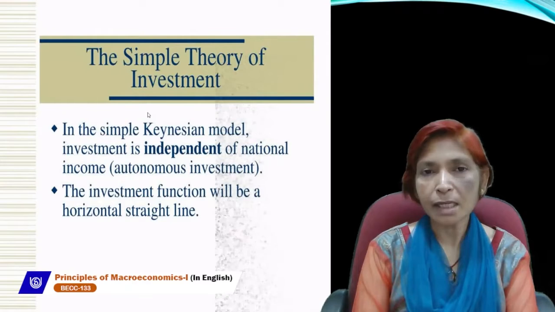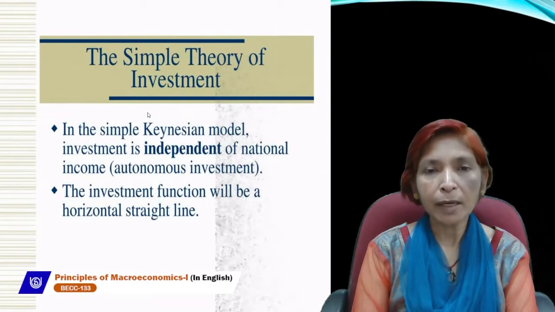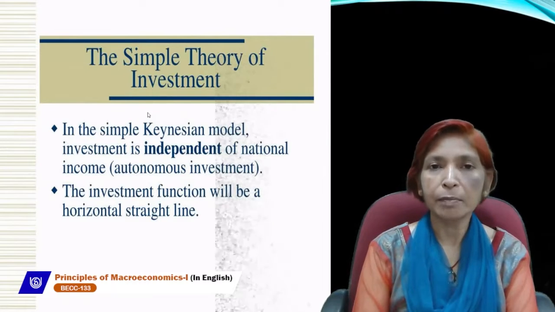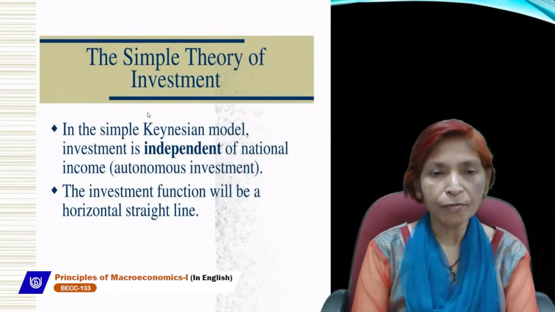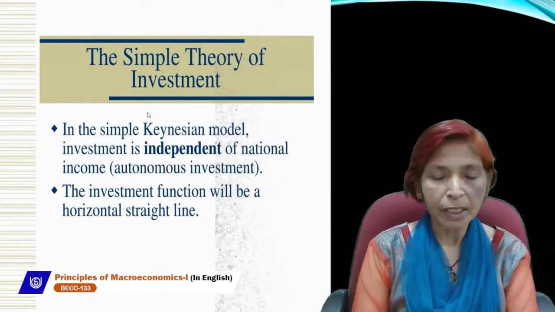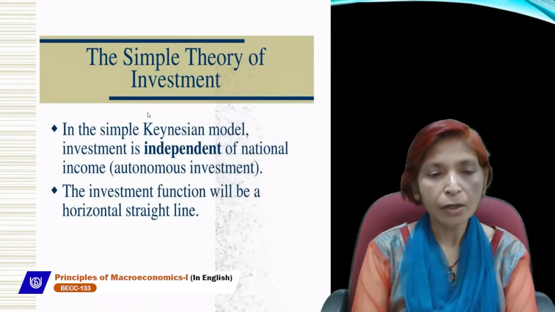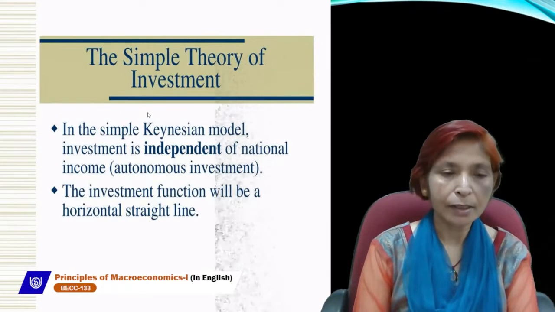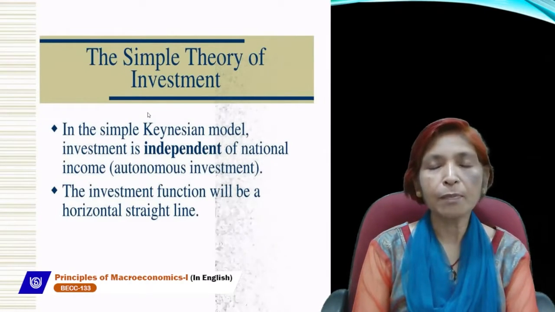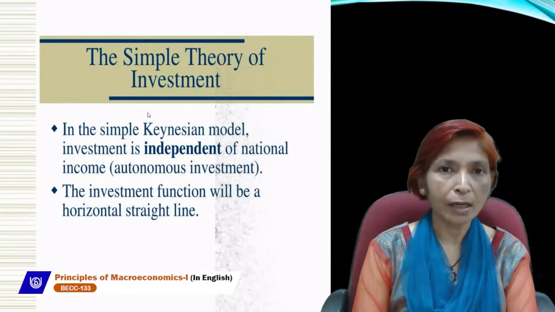Autonomous investment is that investment which is made by government or public enterprises for the benefit of the whole society. Its main aim is to provide social welfare, not to earn profit. That's why this type of investment does not depend upon the level of income.